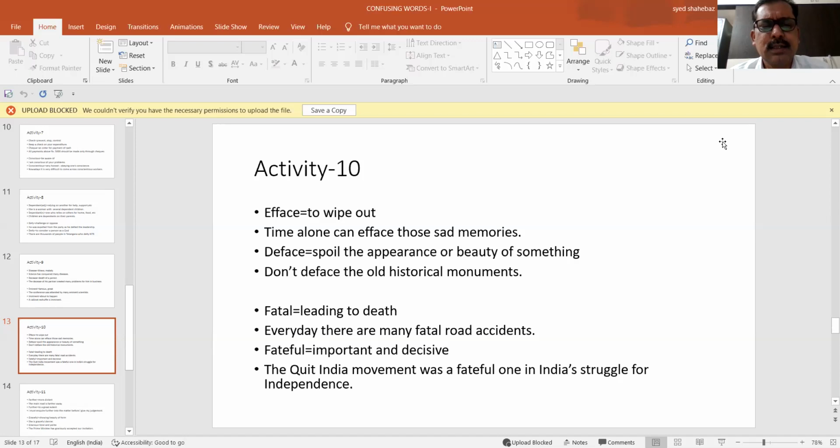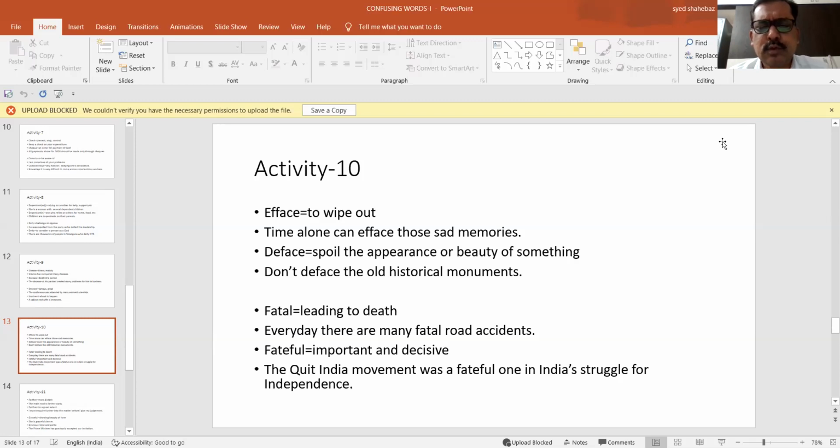Next word is fatal, leading to death. Every day there are many fatal road accidents. Fatal means that results in death. Anything fatal that leads to death. Fatal medicine, fatal accident, fatal adventure, etc. Next, fateful, important and decisive.